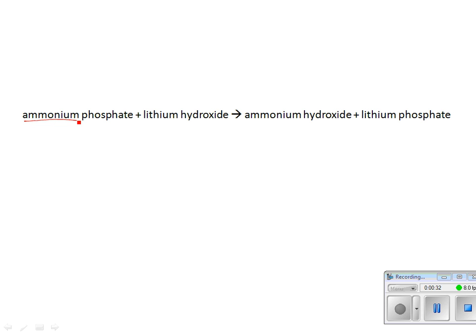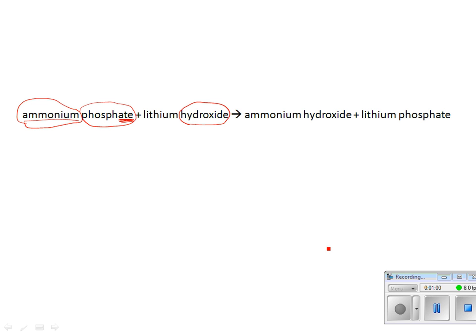We're going to look at this first one, and we notice that it's not an element, it is a polyatomic ion, and it is attached to another polyatomic ion. I know it's a polyatomic ion because of this ending. This next one, hydroxide, is also a polyatomic ion.